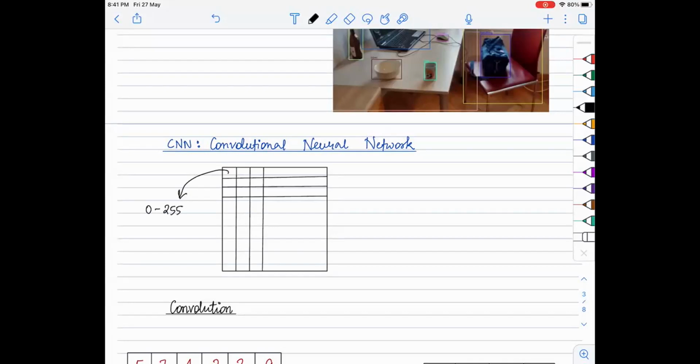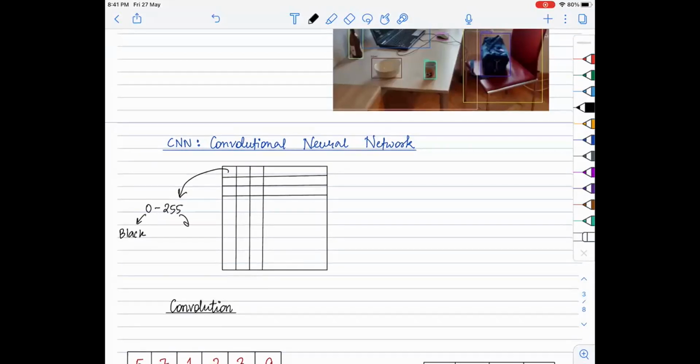If the image is a black and white image, a grayscale image, then 0 represents black and 255 represents white, complete black and complete white, and between 0 and 255 you have a transition. One is slightly less black, two is even lighter black, and so on.